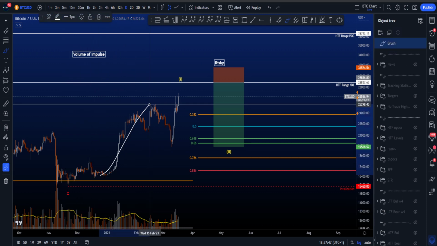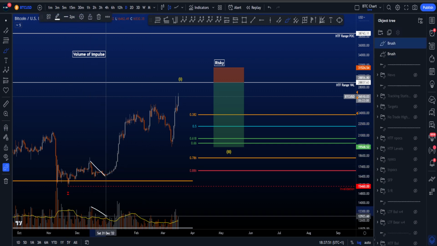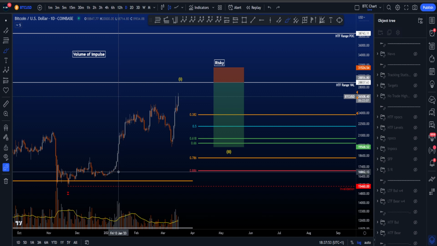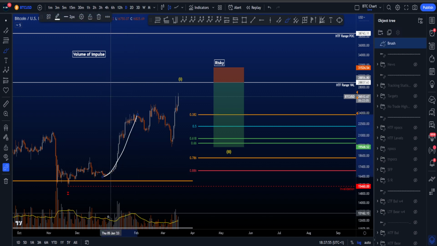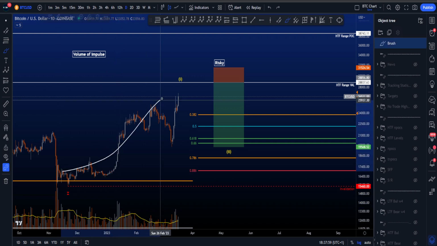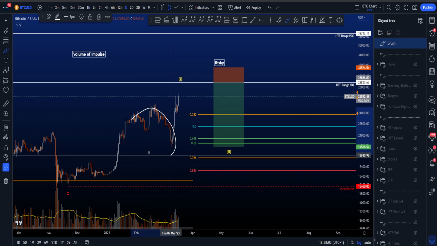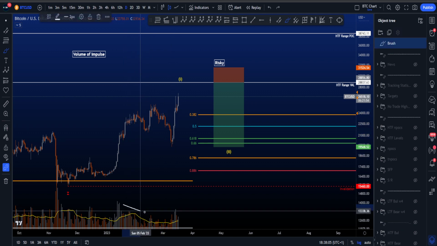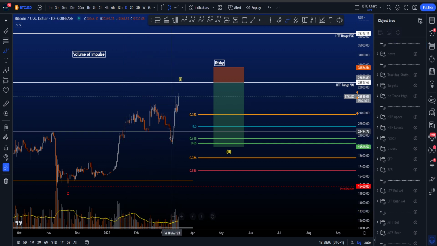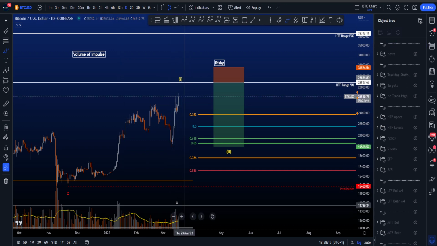Then we have a 1, 2, and in this wave 2, you can see the volume going down as well, which is very typical for the correction phase. Then in a wave 3, volume is accelerating. The highest volume so far in this whole impulsive move was in wave 3. Then we have a corrective structure, wave 4, where you can see volume going down inside this wave 4 till the low is made, and that is when we get a push to the upside with a little bit more volume as well, or once more.